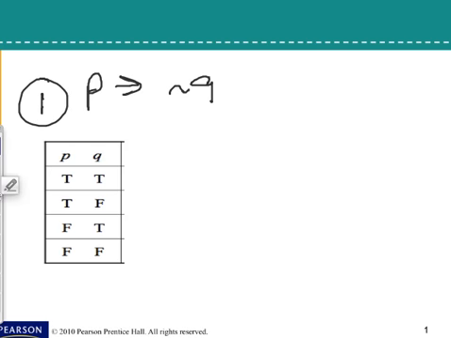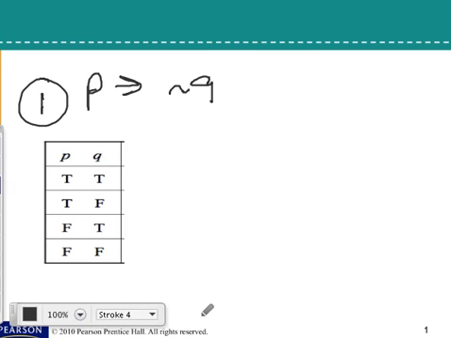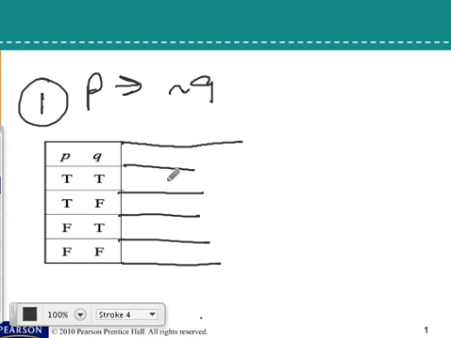We're going to need a better way to write. That's what we're going to need. Let's put a not Q here. Not Q: false, true. Okay, I got that. And then we're going to need the if P, then not Q.